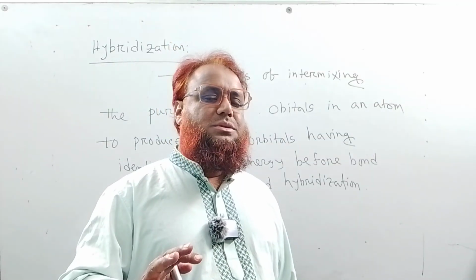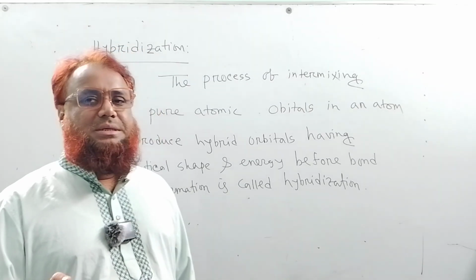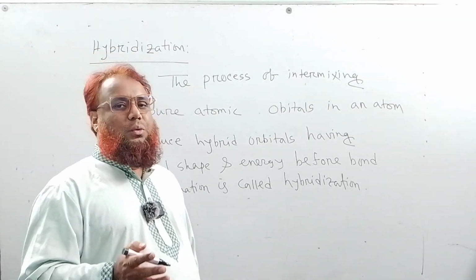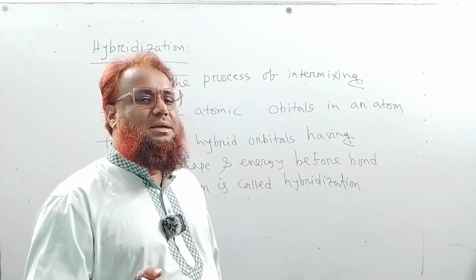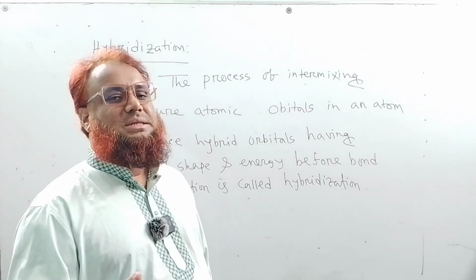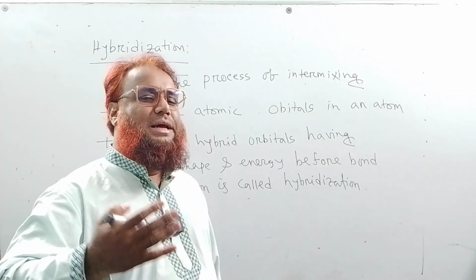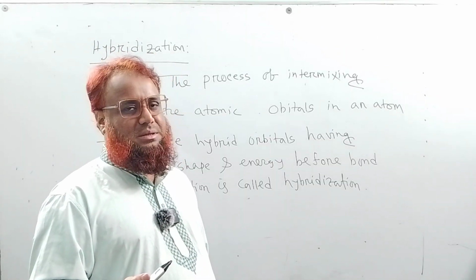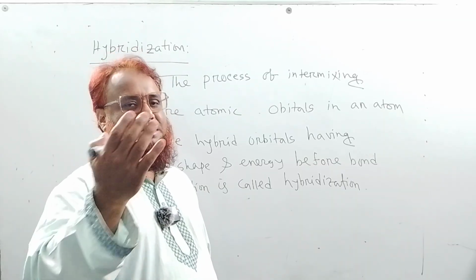Between two or more atoms, a bond will be formed, but we have to know that hybridization is the intermixing process of orbitals in a single atom, and that single atom will again participate in bond formation. So, bond formation is later, hybridization is earlier.